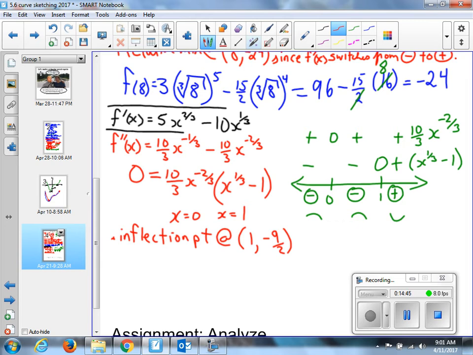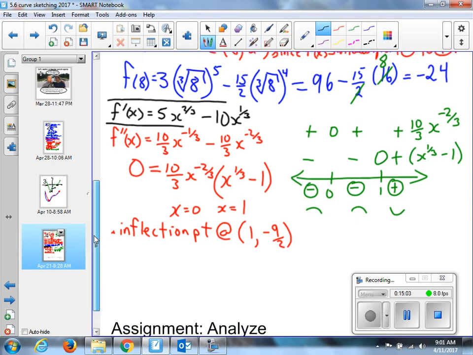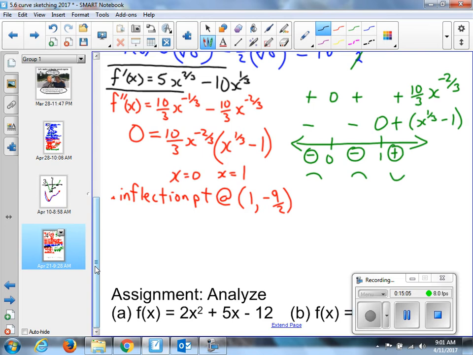What else? The intercepts. We know that 0, 0 is an intercept, eh? Now the other intercept is a doozy, because we want to know where it crosses the x-axis. So, intercepts.